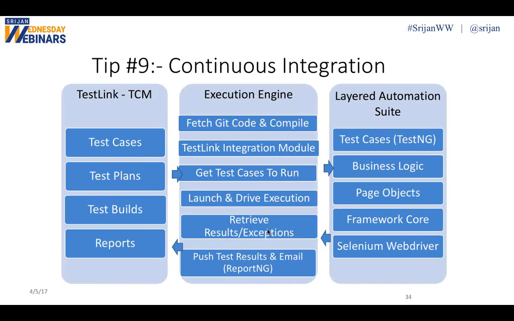So that your testers can actually see the test cases present in the test case management tool and the automation suite, which are passed and which are failed. So build a pipeline like that.